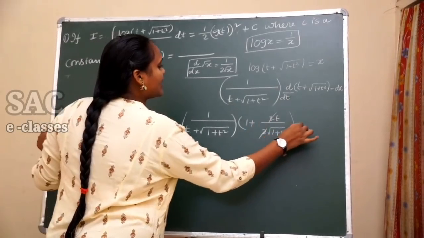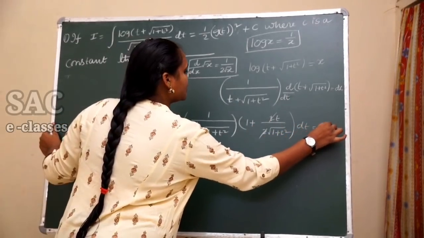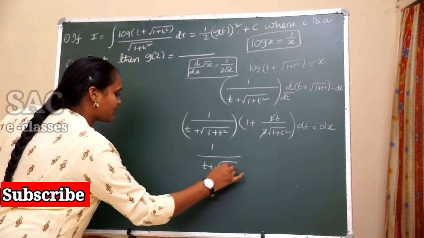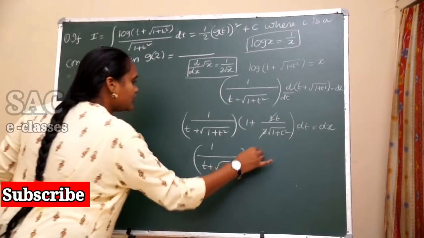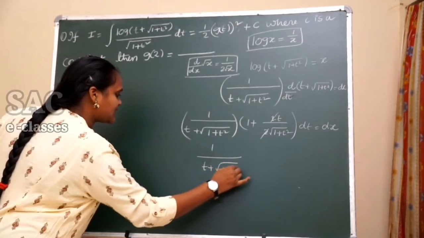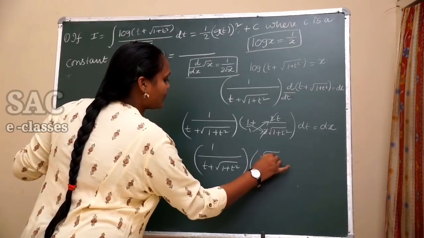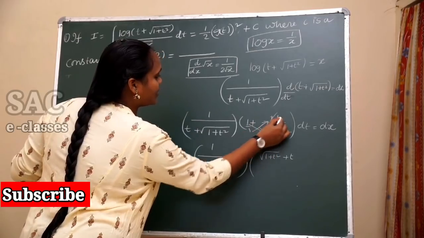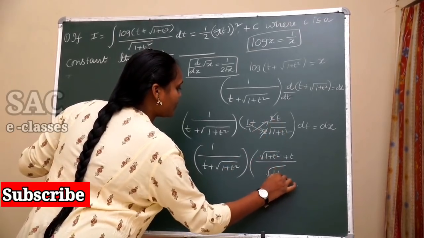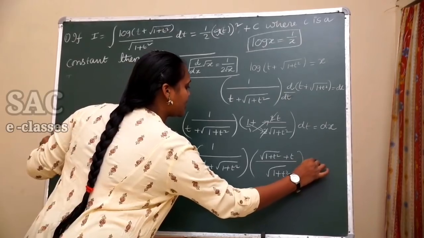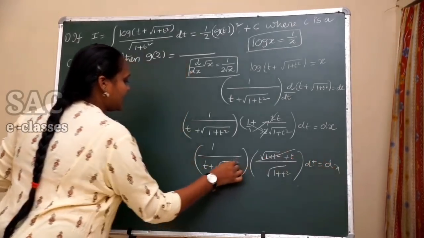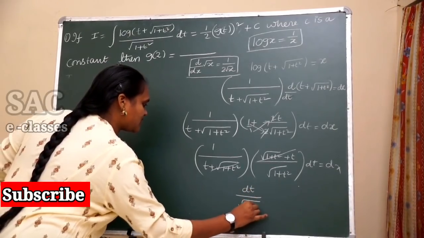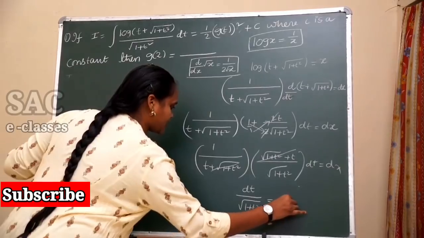So 2 and 2 get cancelled, dt equal to dx. Let us simplify: 1 by t plus root over 1 plus t square, times root over 1 plus t square plus t, by root over 1 plus t square, dt equal to dx. Clearly it is cancelled. dt by root over 1 plus t square is equal to dx.